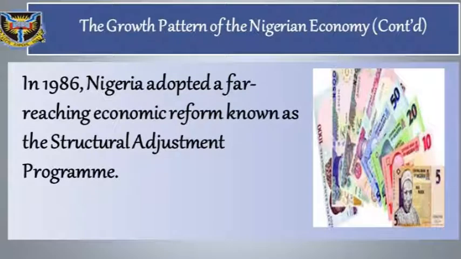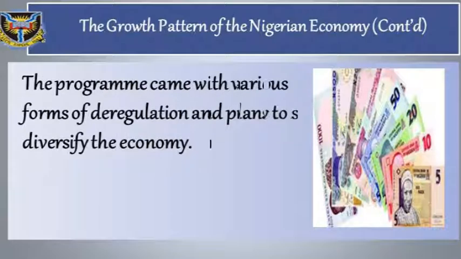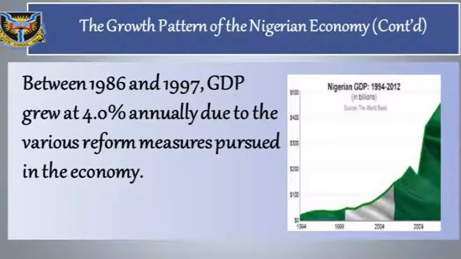In 1986, Nigeria adopted a far-reaching economic reform known as the Structural Adjustment Program. The program came with various forms of deregulation and plans to diversify the economy. Between 1986 and 1997, GDP grew at 4% annually due to the various reforms pursued in the economy.